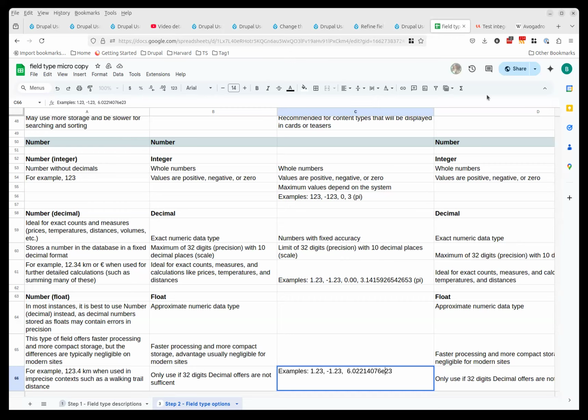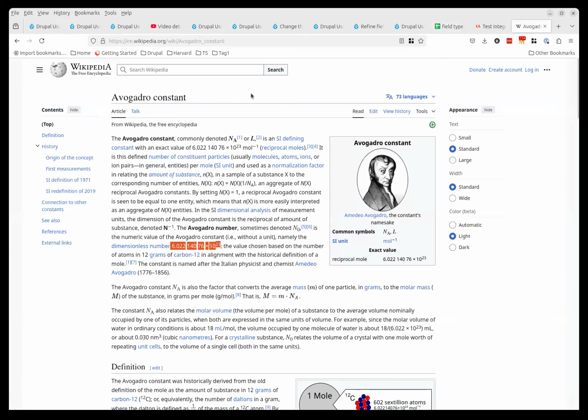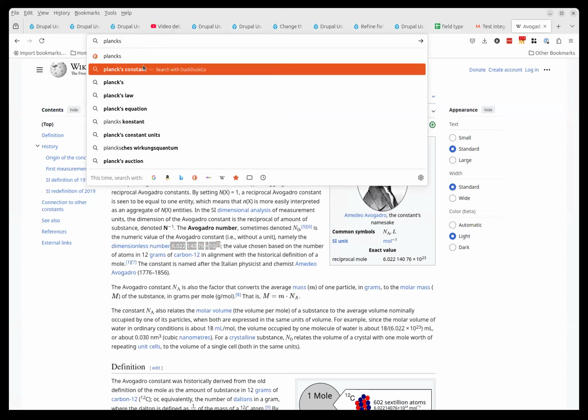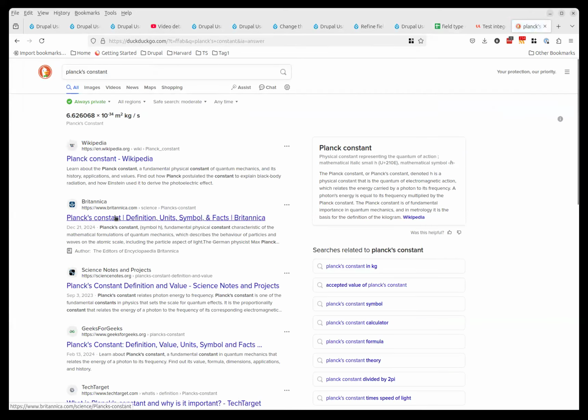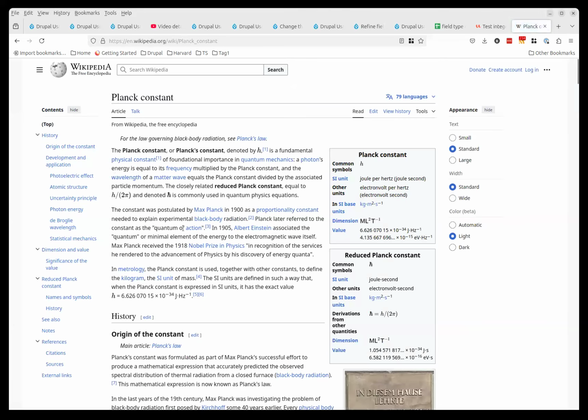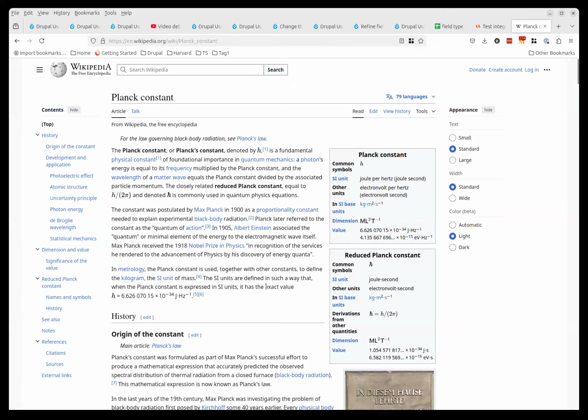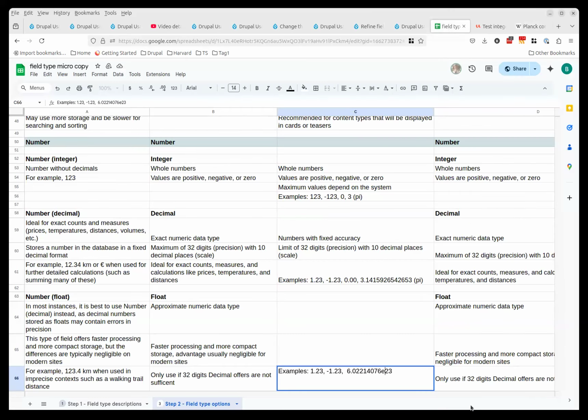What's another good one? It's Planck's constant, which is, I guess, in this sidebar. Oh, it depends on the units. I guess Avogadro's number is better. It's a pure number. It doesn't depend on units.